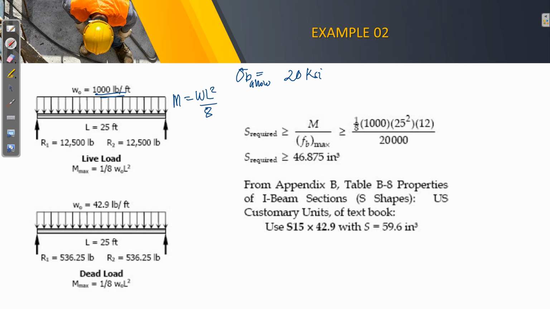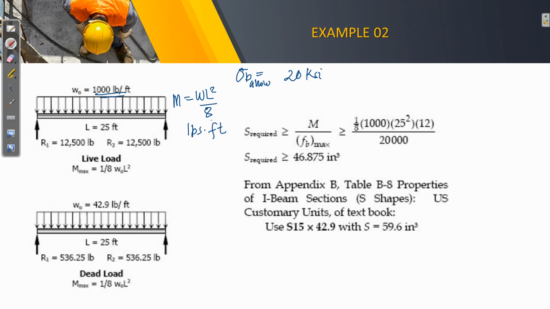That is 20,000 pounds per square inch. So we are dealing with the inch unit. We need to express your maximum moment in terms of inches. Remember, from this we arrive at the unit pound feet.